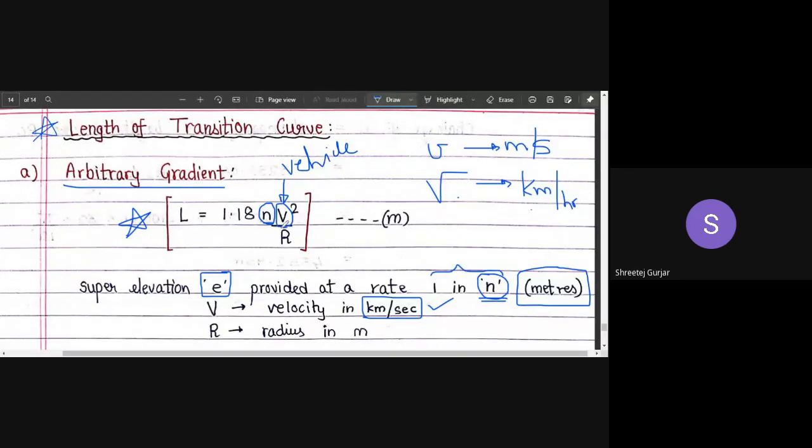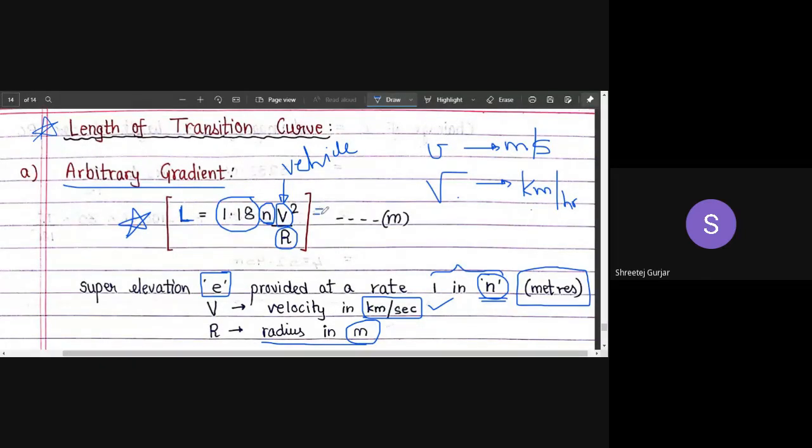Now, what is r? R is nothing but the radius of the curve, that we need to provide in meters. Make sure the unit is in meters. Very important, because this constant depends upon the units. If you substitute wrong, the answer that this equation will give you will be wrong. Once you substitute all these values, the length of the transition curve which you get will be in meters.